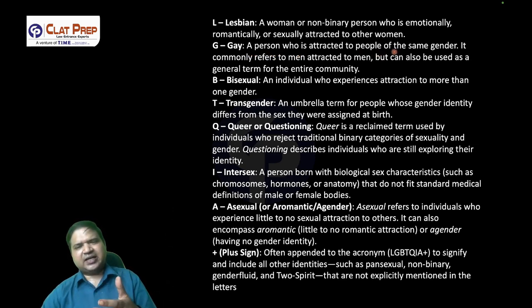It commonly refers to men, but of course it can be used as a general term for the entire community. So a woman and woman, sexually, romantically, emotionally attracted, that's lesbian. A man and man, that's gay. And gay is a bigger bracket that includes women also in common parlance.